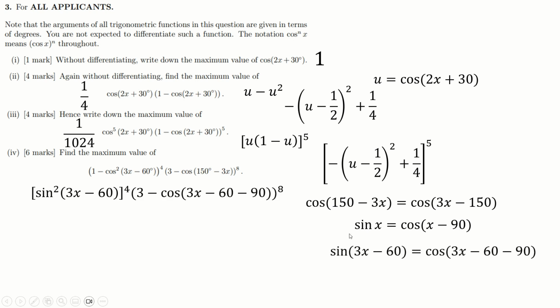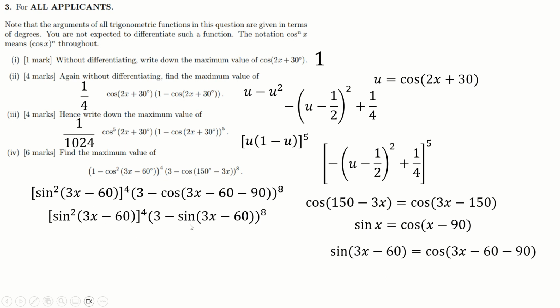And then we can just say, well, okay, there's the input, 3x minus 60 minus 90. Therefore, this thing here must be sine of 3x minus 60, based on this identity above, where x is being replaced with 3x minus 60. So this thing here can be replaced with sine of 3x minus 60, and we end up with this thing here. 1 minus cos squared is, of course, sine squared.